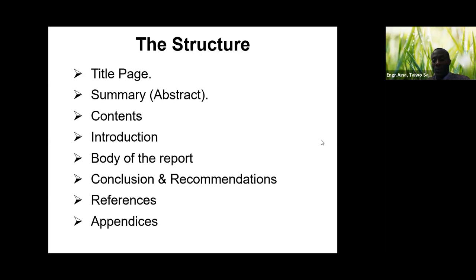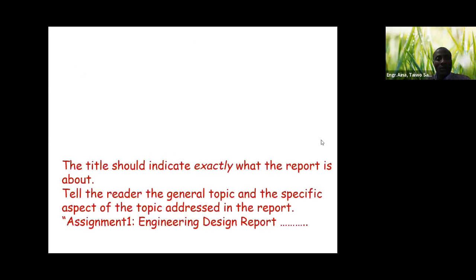Now let's take a look at some of the things that we need to know. We need to understand that the title should indicate exactly what the report is about. Like the one I have just said: the title of the project is wireless charging system. Simple. It might be design and implementation of a 150-watt solar panel system.